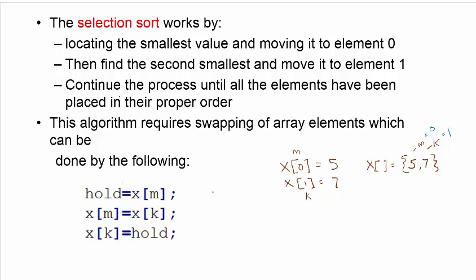So initially hold gets this value of 5. And then, since m is 0, it says that x element 0 is going to get this value.